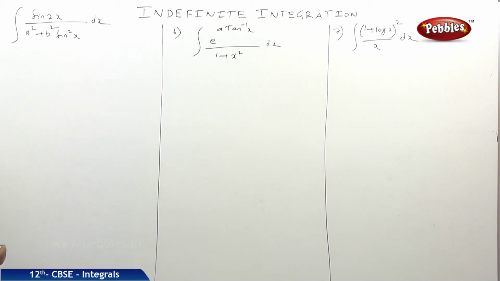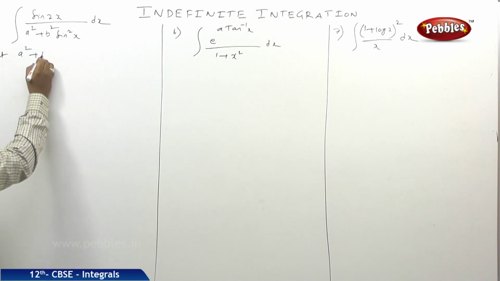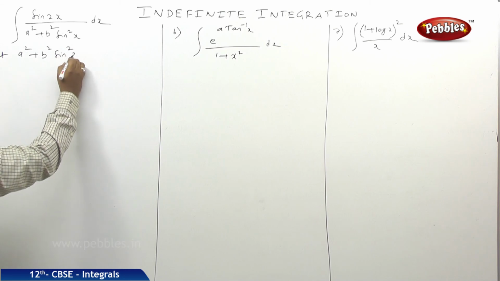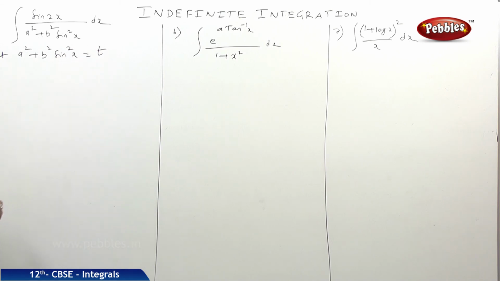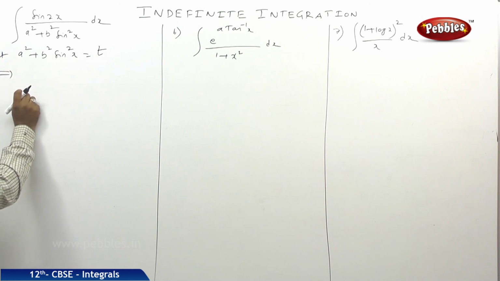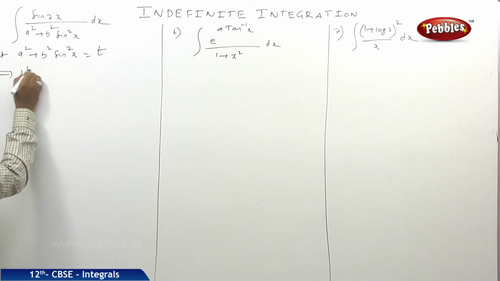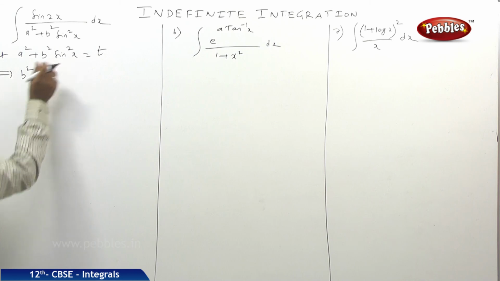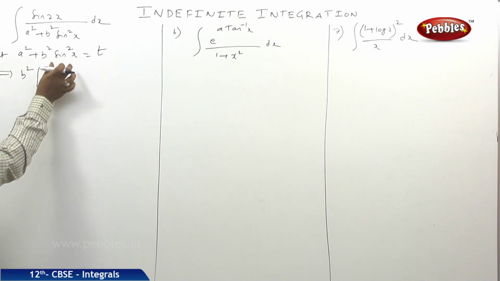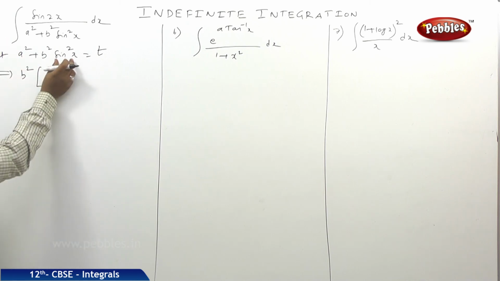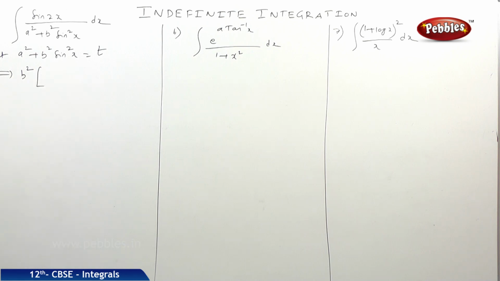So three problems I'll be taking at the present moment. Integral of sin 2x upon a square plus b square sin square x dx. Let a square plus b square sin square x be equal to t. The derivative of a square is always 0 because it is a constant. B square is in product form, so b square comes outside, and we need to find the derivative of sin square x.